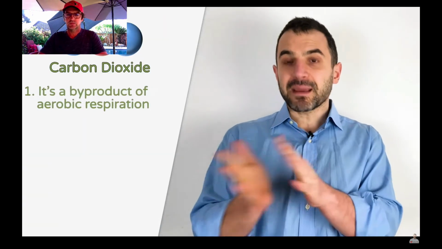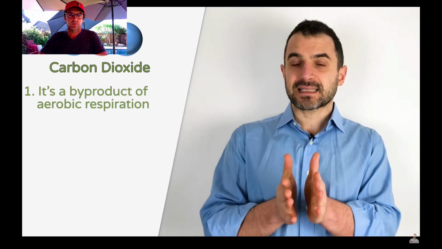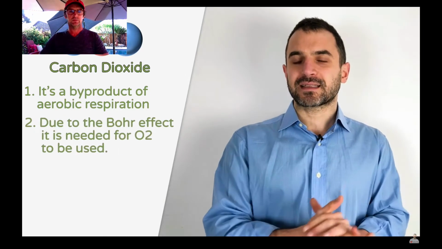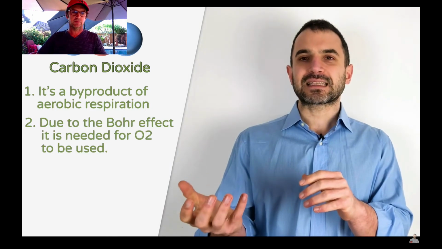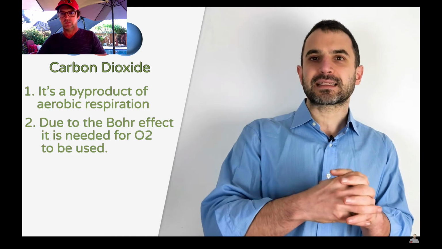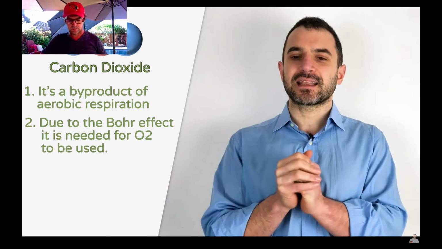The second gas is carbon dioxide. Carbon dioxide is a byproduct of aerobic respiration, and it is necessary for oxygen to be used. Based on the Bohr effect, discovered in 1904, carbon dioxide levels are necessary for the oxygen to be released from the hemoglobin in the bloodstream and enter the cells.